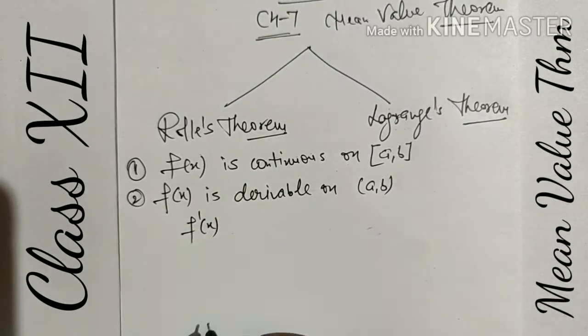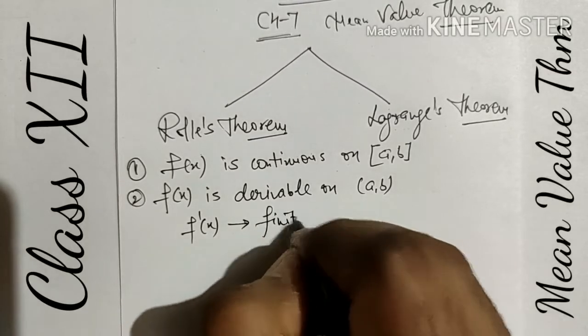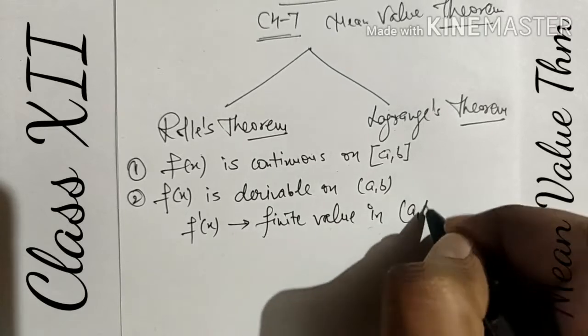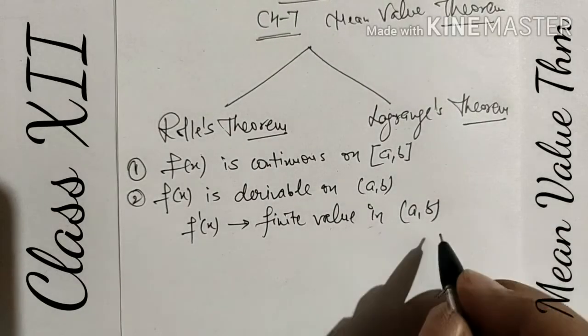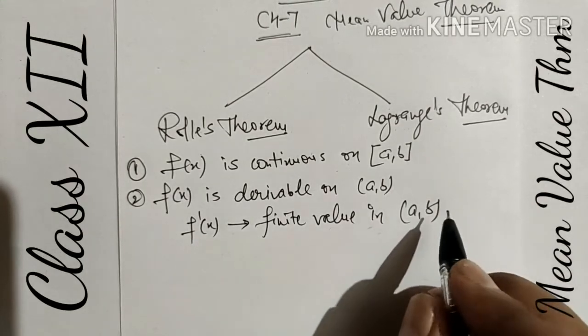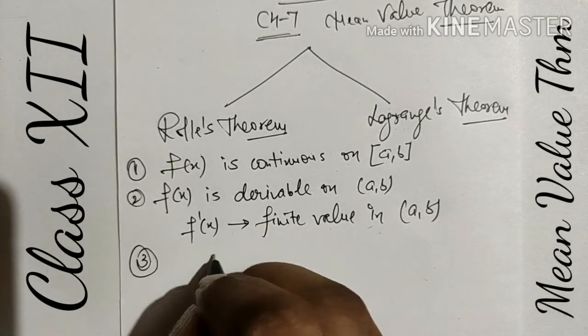In this we take the first derivative of the function and check that it gives us a finite value in the open interval (a, b). We check this orally, not by putting values, by considering the values between a and b.